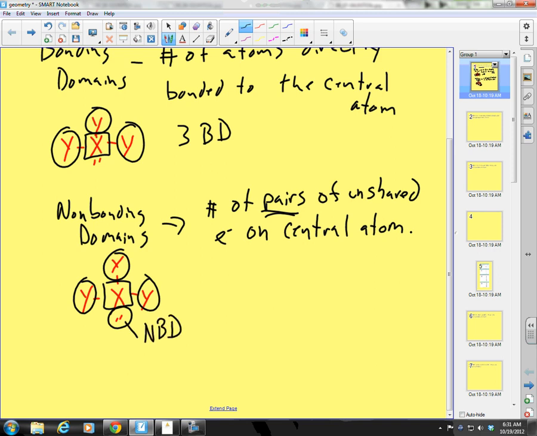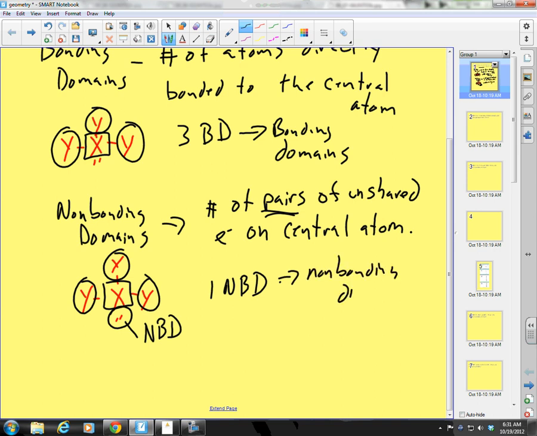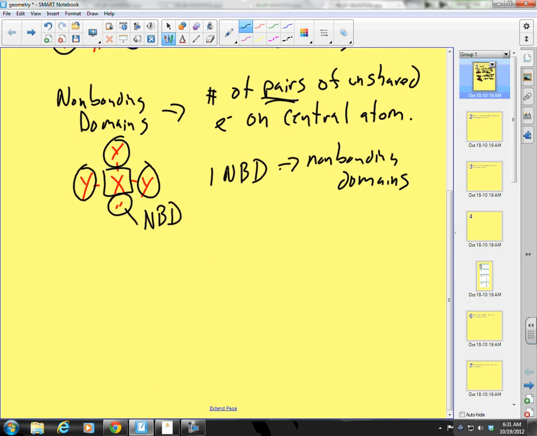So I'd say I have 1 non-bonding domain. And you can see I'm using abbreviations: BD for bonding domain, and NBD for non-bonding domains. Cool.